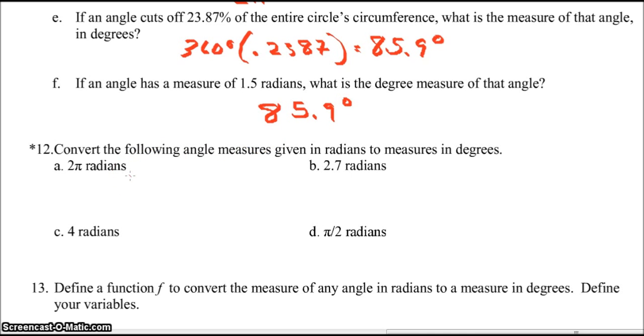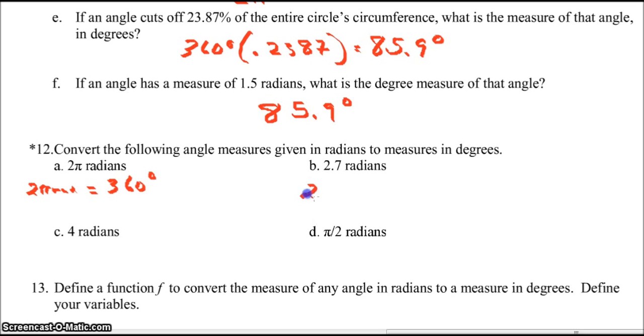Convert the following angle measures given in radians to measures in degrees. So if we have 2 pi radians, well, this one is easy. We know 2 pi radians is 360 degrees.